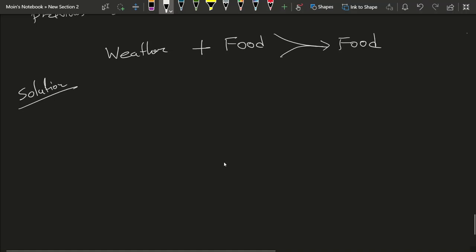So let's think how much input we can have. We have food as our input, which has chicken, burger, pizza, and we have sunny weather and rainy weather. So two elements of weather, and three elements of food. These are basically the inputs of my problem.